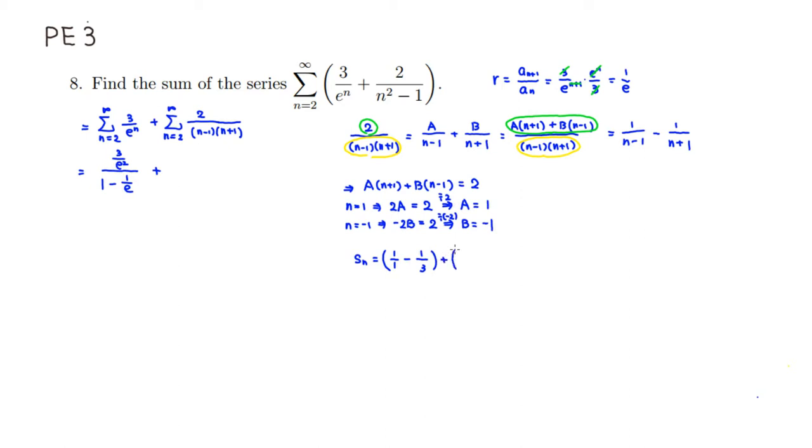Next term would be 1 over 2 minus 1 over 4, and next term would be 1 over 3 minus 1 over 5. Maybe I'll write down one more, so it's going to be 1 over 4 minus 1 over 6.